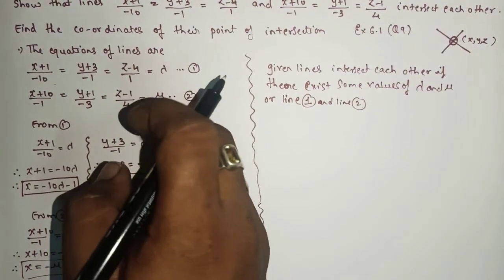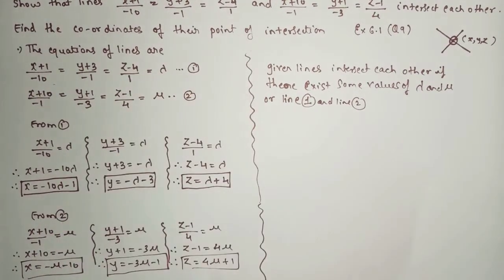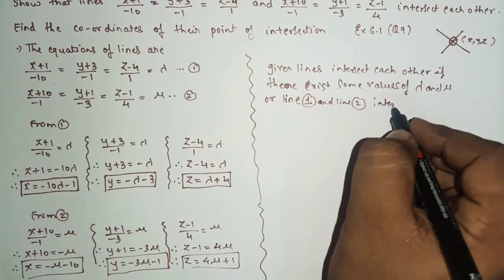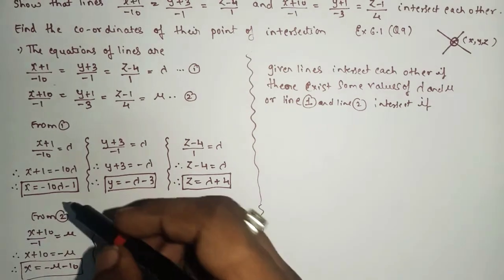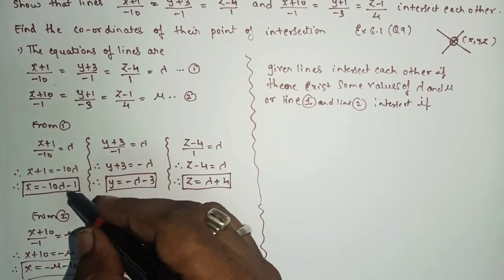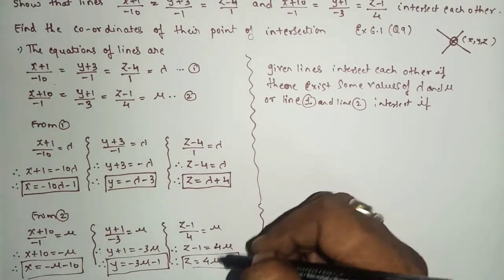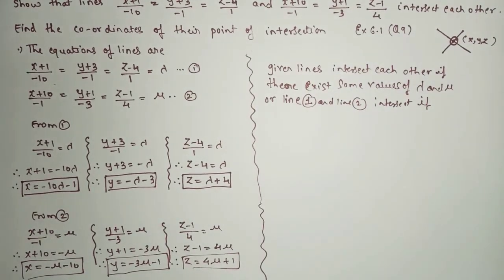These lines intersect if their x coordinate, y coordinate and z coordinate are equal.